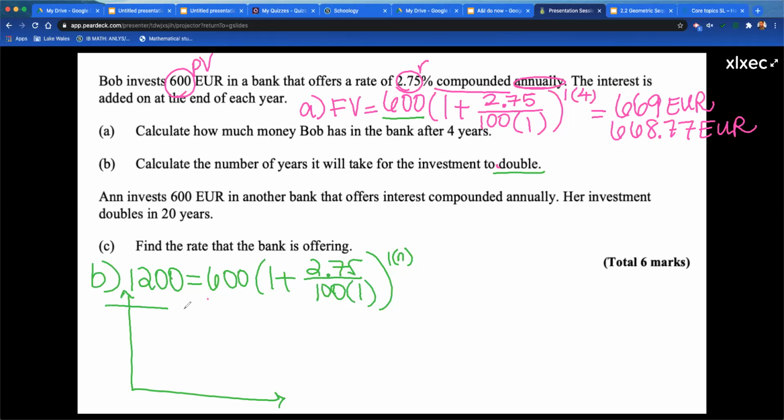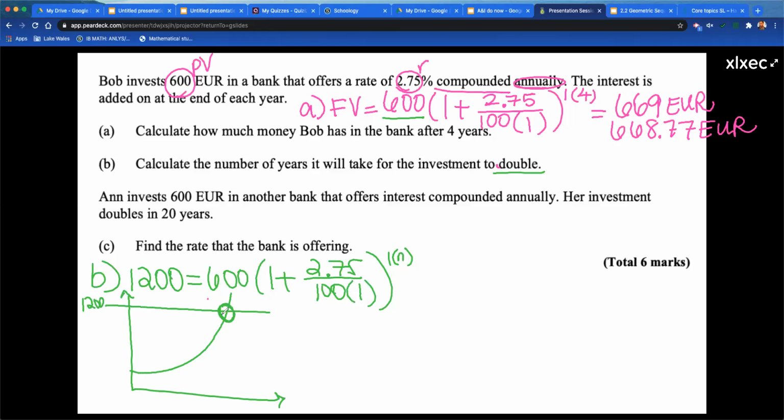There we go. So we want to graph both equations: graph 1,200 into y1, then graph the other side into y2, and we're looking for that intersection. We never want to put y1, y2 on our actual paper, that's calculator notation. You never want to put calculator notation on your actual IB exam.